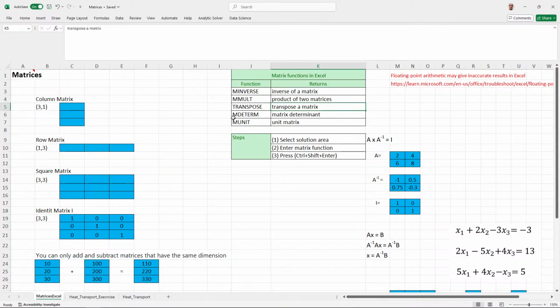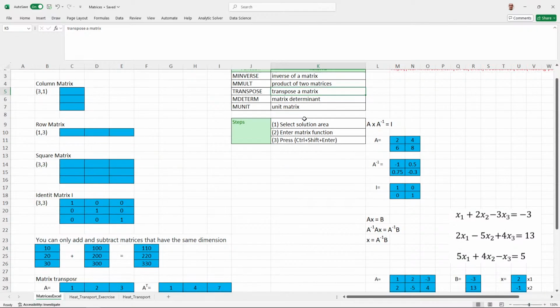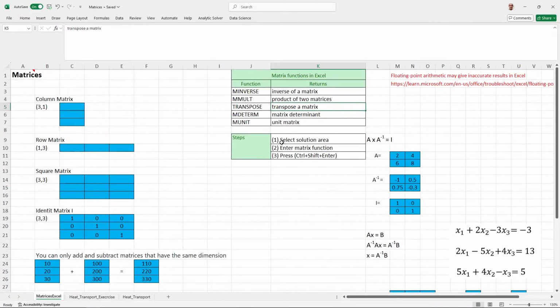MDETERM is the determinant of the matrix, and there is also one that creates a unit matrix. The solution steps are as follows. You select the solution area, where you want the solution, you enter your matrix function, and then you don't just press Enter. In Excel, if I want 2 plus 2, you hit Enter and it gives you 4. Here you don't press Enter, you press Control Shift Enter.